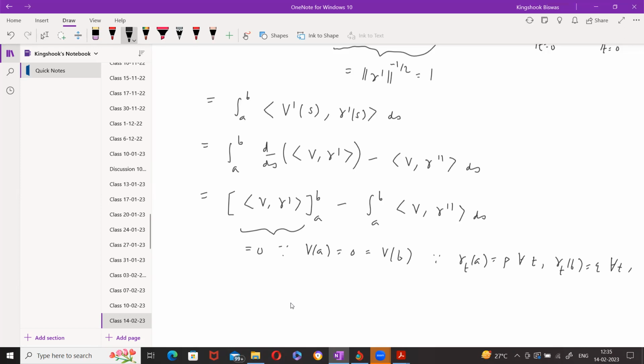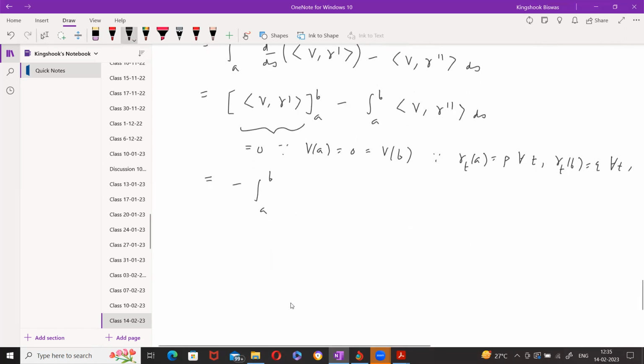Yes, sir. Now, the last step is to notice that since V is tangent to the manifold M, this Euclidean inner product with gamma double prime is the same as the Euclidean inner product with, so what we can do is, since TPM is a subspace of R^N, we can write R^N as TPM direct sum its orthogonal complement, right?